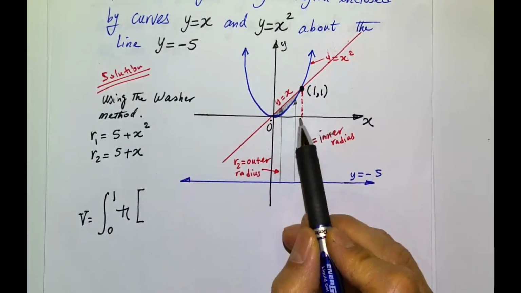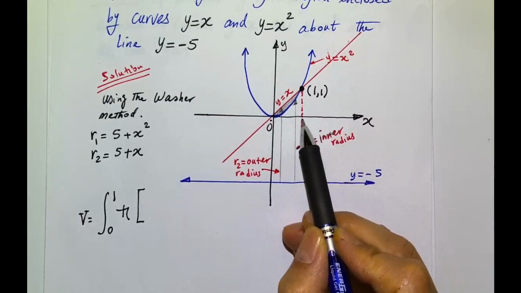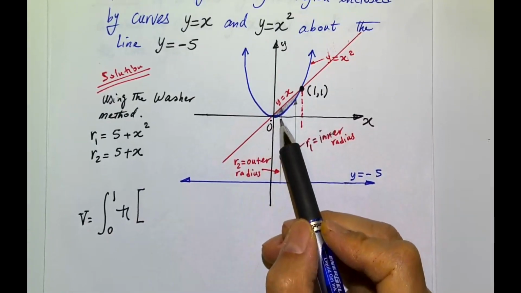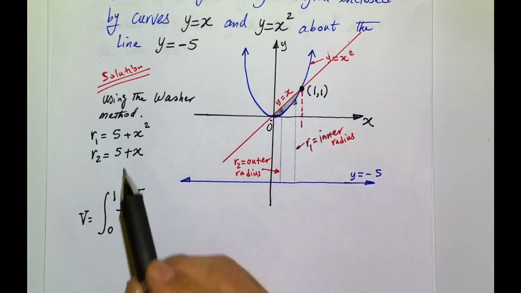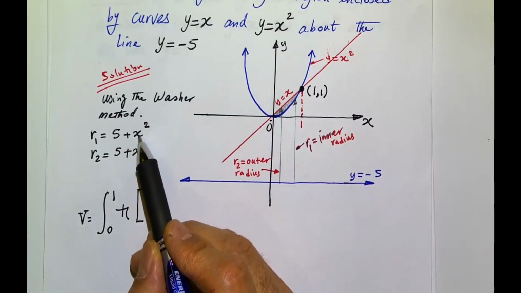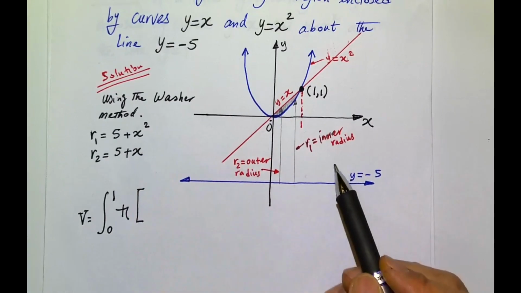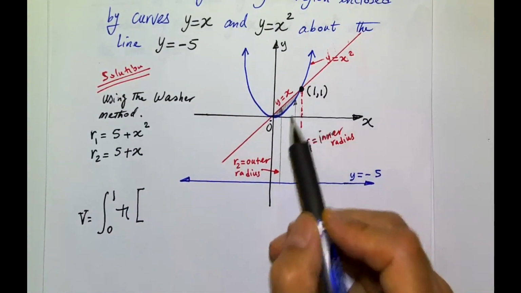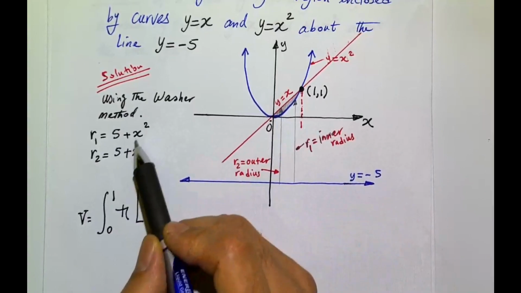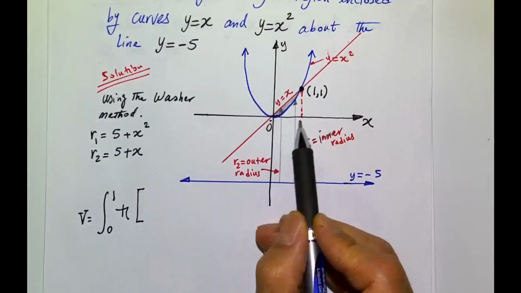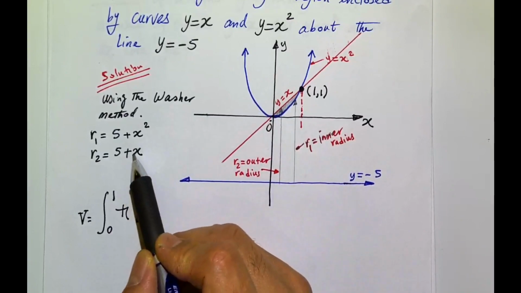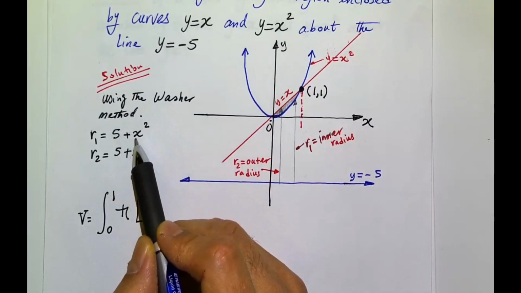But between 0 and 1 along the x-axis, and you can use your calculator to see, 5 plus x is actually a larger quantity than 5 plus x squared. You can pick any number between 0 and 1 and try it here, and you'll see.